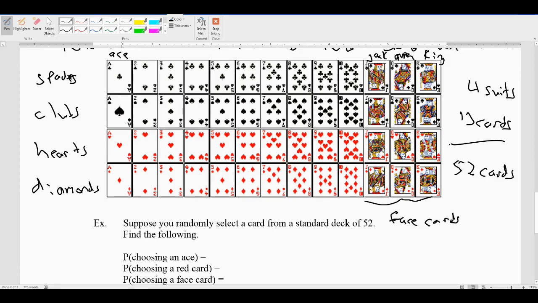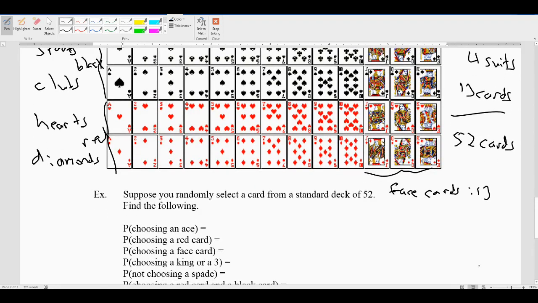How many of them are there? 13. So we're going to use this information. Notice, once again, half are black, half are red.